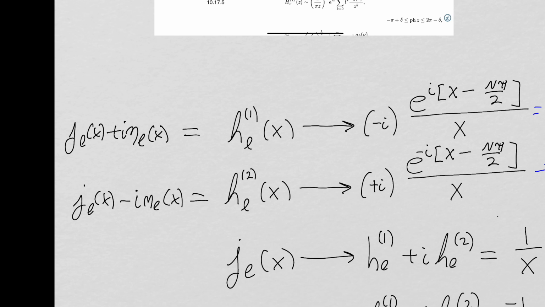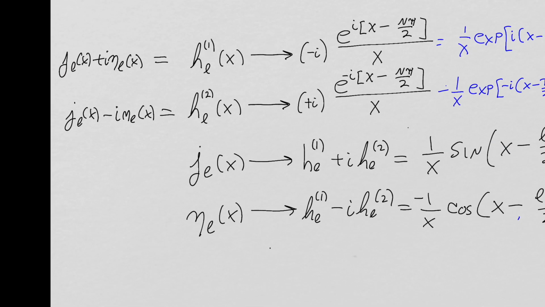So if I want to get the Bessel function of the first kind, I have to add these two together, and these two will cancel, but then I have a factor of 2 too many. So what this means is that this guy here needs to be multiplied by 1/2, right? And likewise, this guy here needs to be multiplied by 1/2i. See, so I had that wrong.